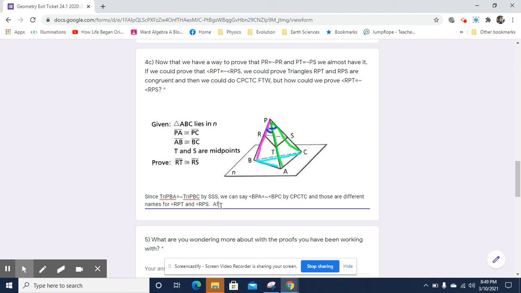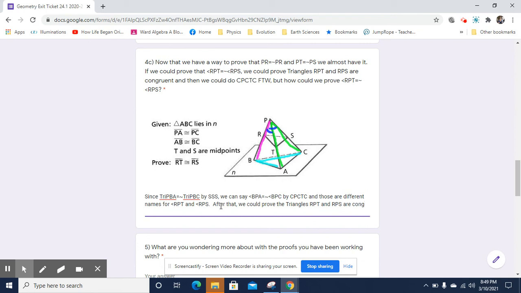I'm going to make a note there. After that, we could prove that triangles RPT and RPS are congruent by side angle side, and therefore RT is congruent to RS by CPCTC.